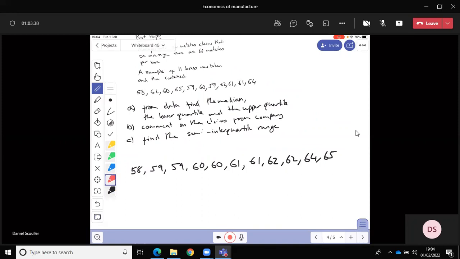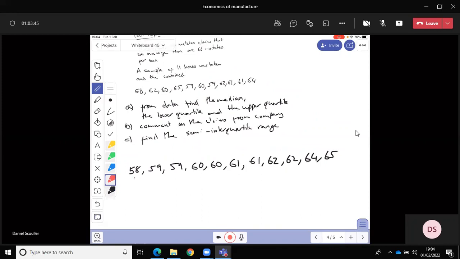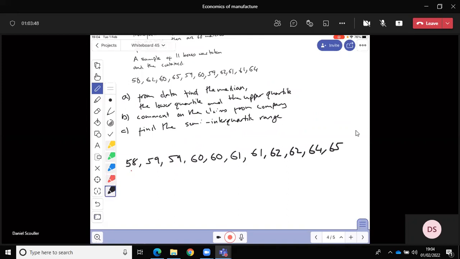You can go through and tick them off, but there are 1, 2, 3, 4, 5, 6, 7, 8, 9, 10, 11.